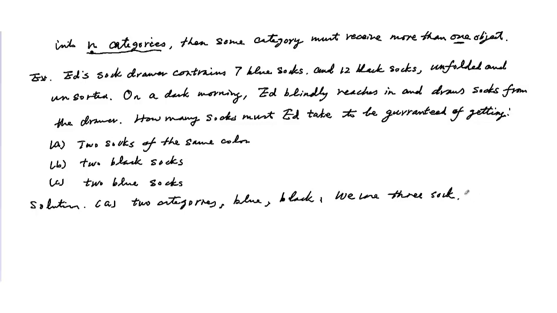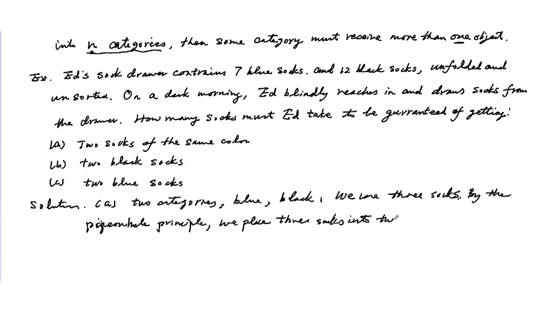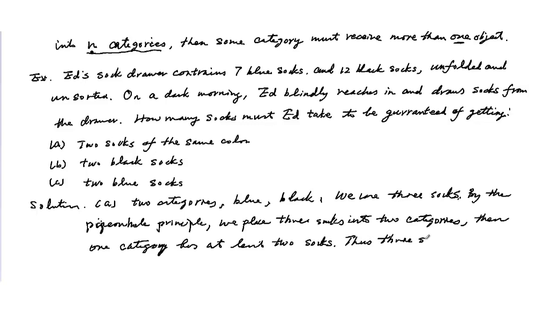By the pigeonhole principle, we place 3 socks into 2 categories, so one category has at least 2 socks. Thus, 3 socks drawn blindly can ensure 2 of the same color.